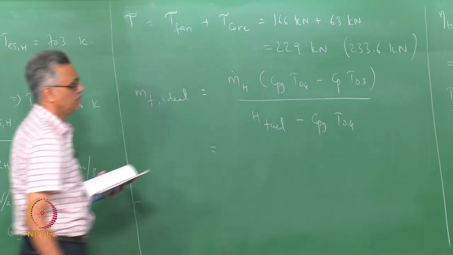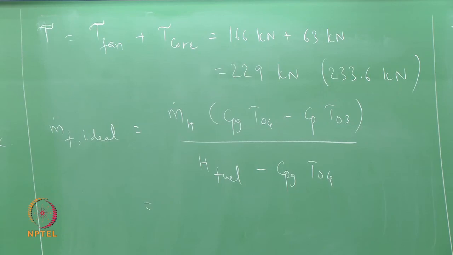Please substitute the numbers and tell me what you get for this. 45,000 kilojoule per kilogram, that is the enthalpy of the fuel.